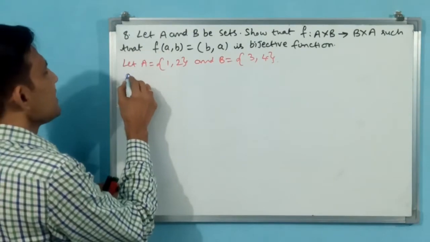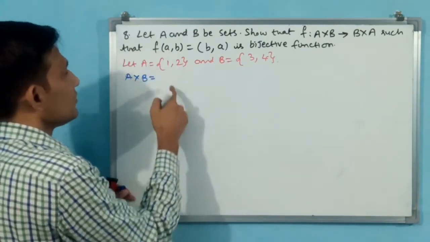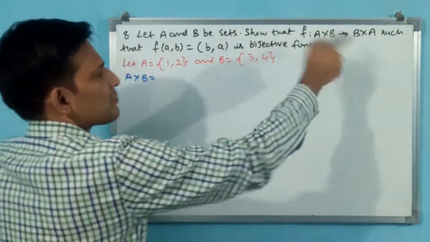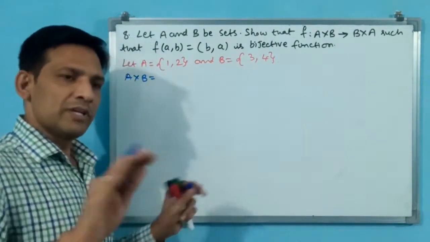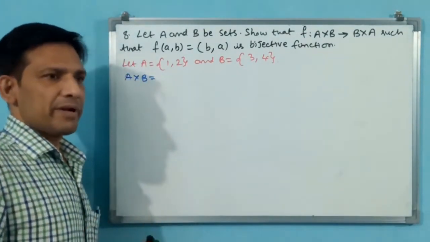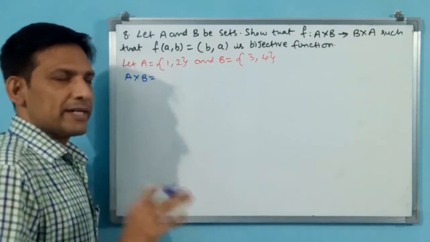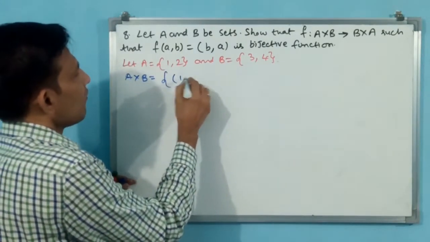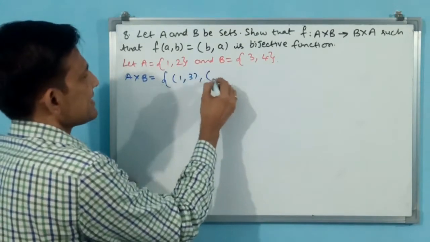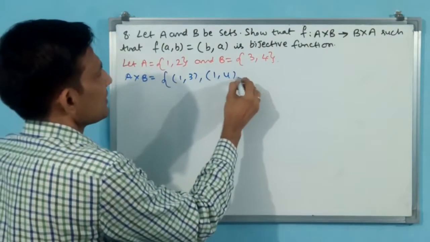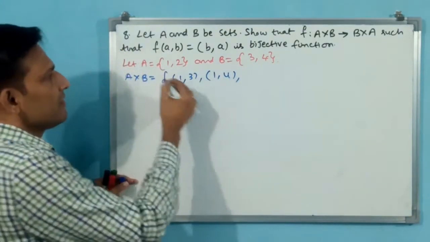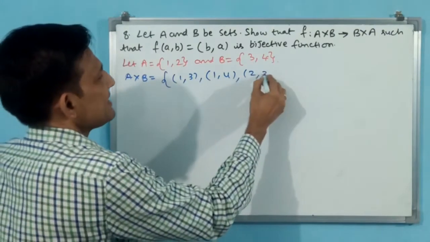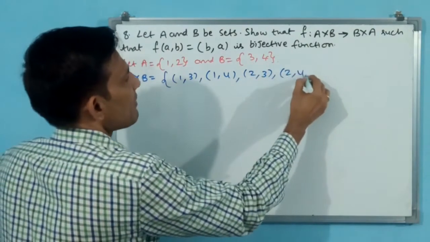Let us take A cross B. Both should be different, because A cross B and B cross A are there. Both elements you should take separate. We are designing A cross B is equal to (1, 3), (1, 4), and (2, 3), (2, 4).